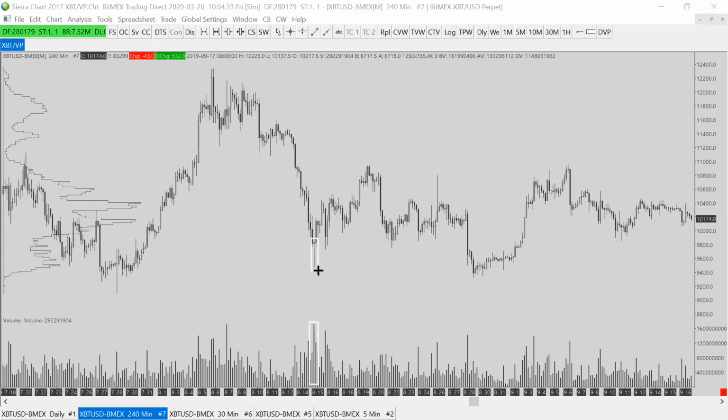Volume profile just displays volume by price, on the y-axis on the left here or on the right. So it shows you how much volume transacted at each price or over a series of prices, and just displays this in a histogram.